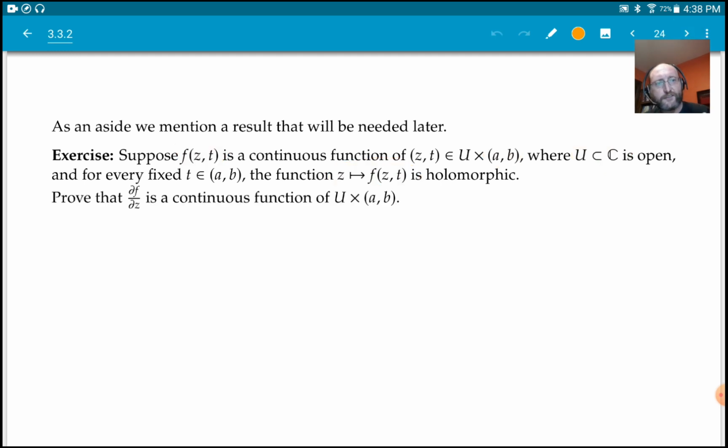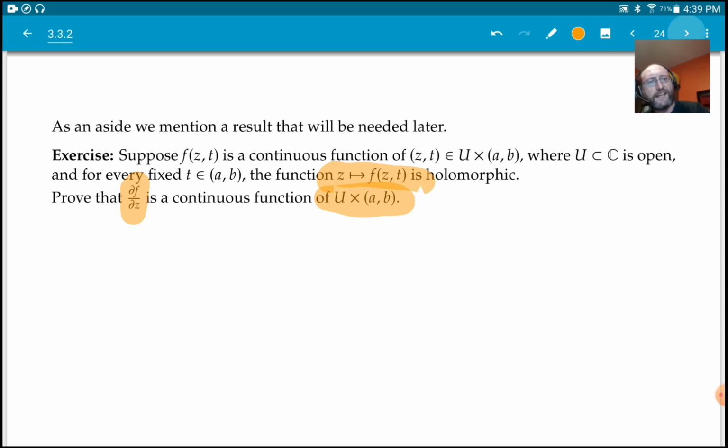Then the first thing to prove is to show that the derivative, which is the derivative in z of this holomorphic function, is a continuous function of both z and t. We know that it's a continuous function for any fixed t, but the claim is that it's a continuous function of both variables.